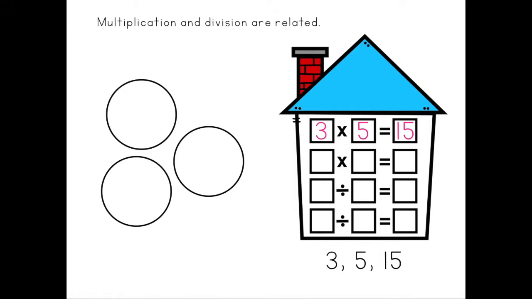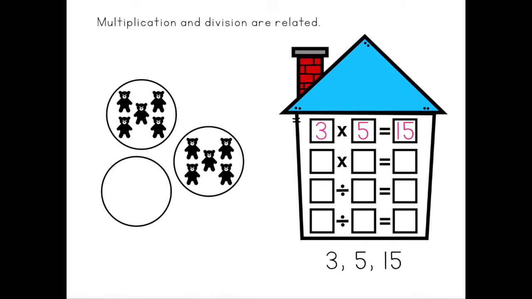And my next number is a 5, so that tells me I need 5 items inside each group. And today I've chosen teddy bears, so I'm going to put 5 teddy bears in the first group, 5 teddy bears in the second group, and 5 teddy bears in the third group.